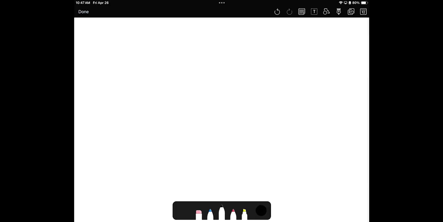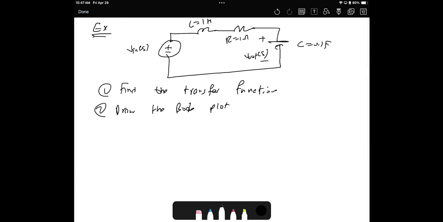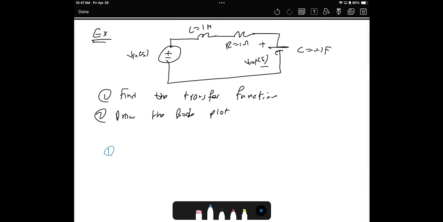Let's start with number 1. We need to find the transfer function. So A_V of S, which is the transfer function of the voltage, V out of S over V in of S. Okay? How to find V out over V in? Basically, you can imagine there is a voltage division.